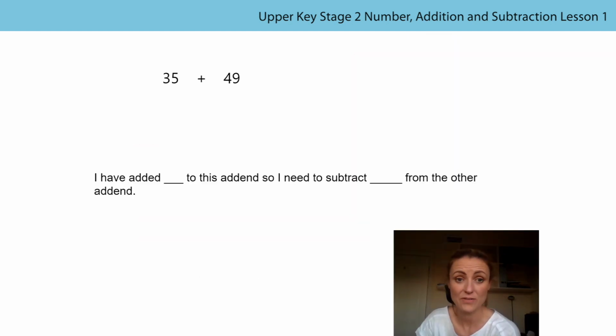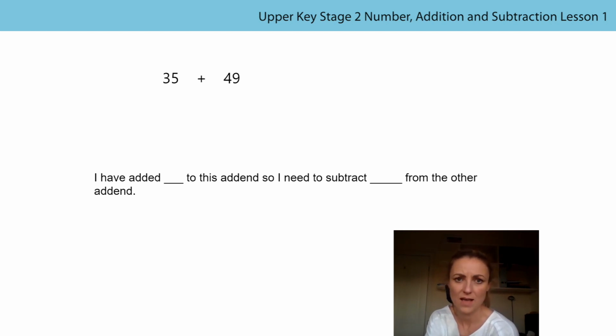So here we have our calculation again, 35 add 49, and our very important stem sentence at the bottom. We know that we want to increase that 49 by 1. So we're going to add 1 to that addend. So what do we need to do? We need to subtract 1 from the other addend.